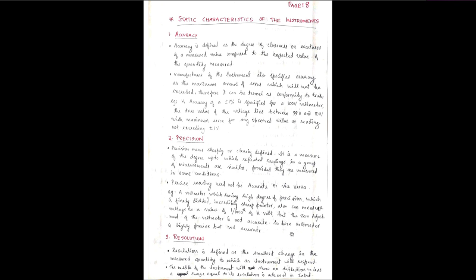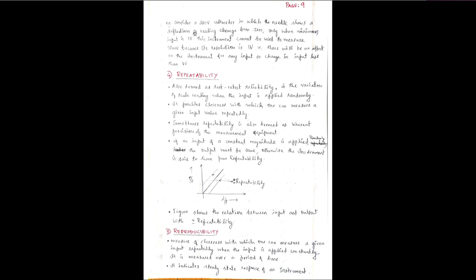Okay, that is resolution. For example, consider a 200 volt voltmeter in which the needle shows a deflection or reading change from 0 only when a minimum input of 1 volt is given.